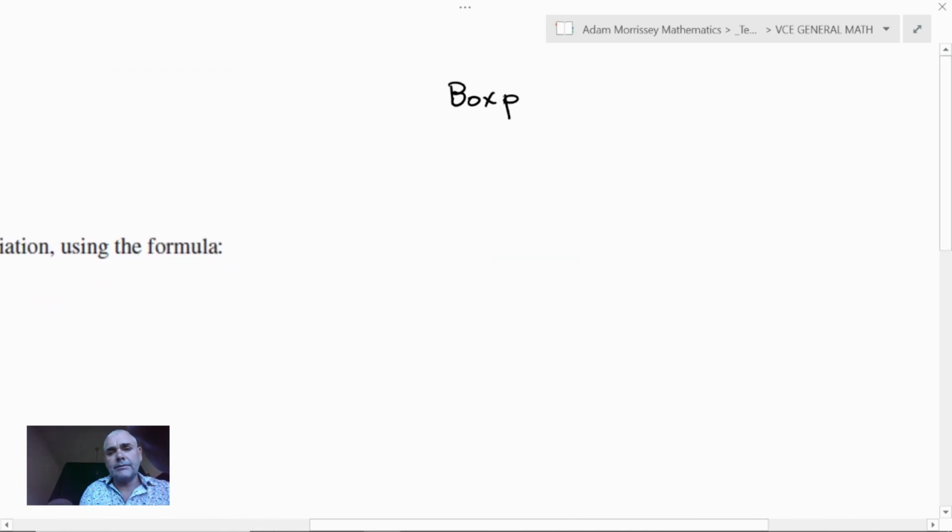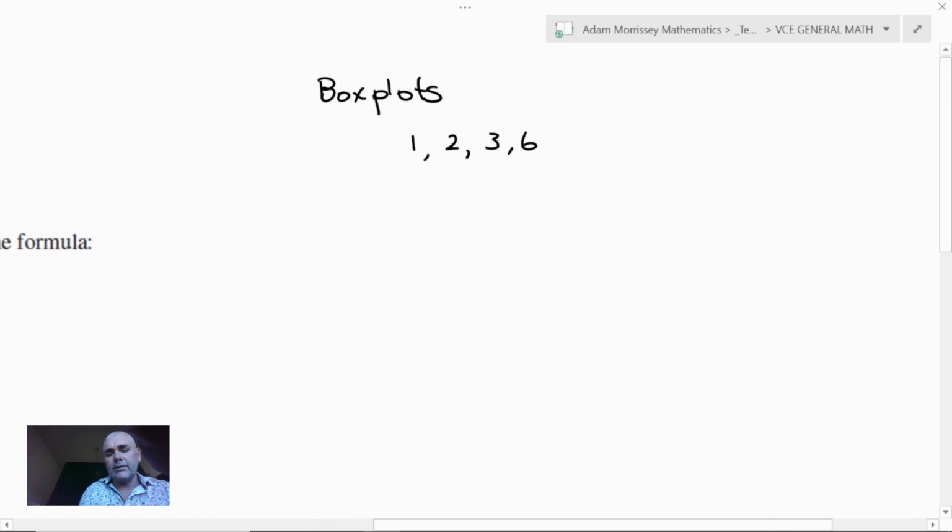One of those ways is with box plots. If I've got the data 1, 2, 3, and 6, with a box plot, I know my minimum value is 1 and the maximum is 6.